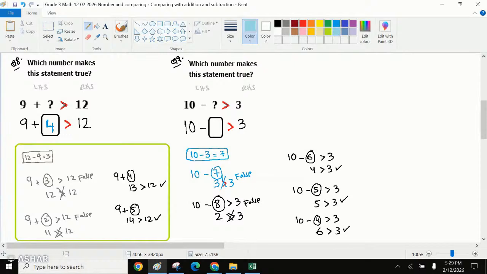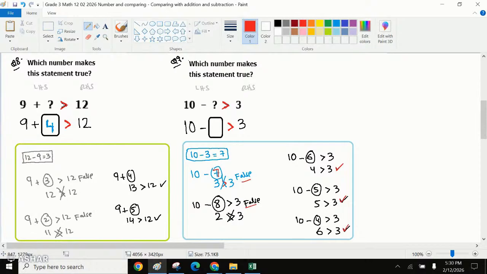So what we can see over here is, from the difference of these two numbers, that was 7, right? We can go to 2, we can go to 3, we can go to any number that is less than 7, right? That means all these statements were true. But these were false statements.